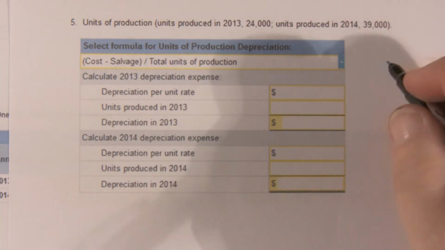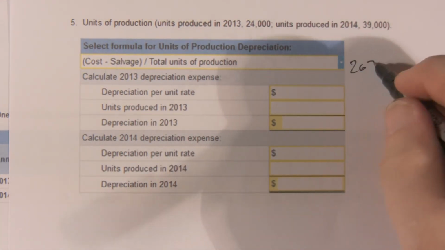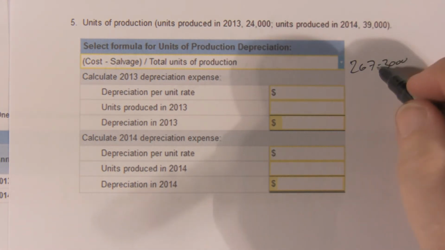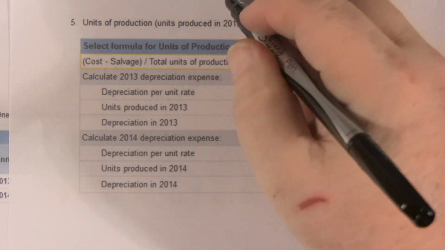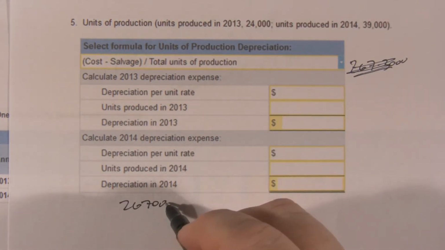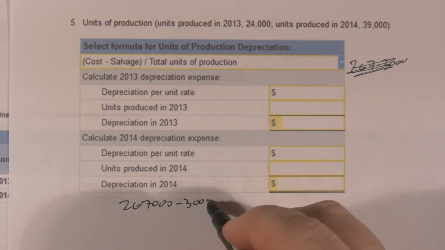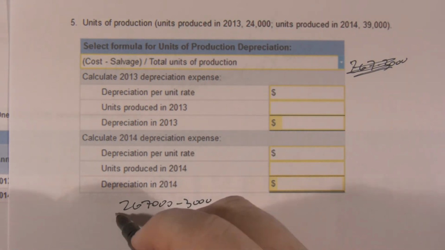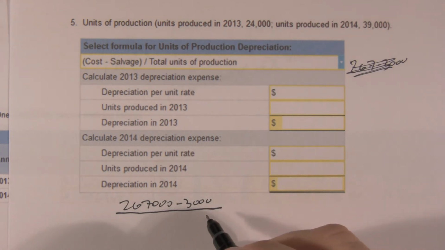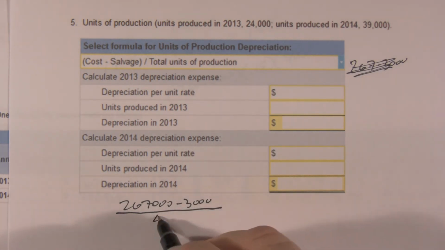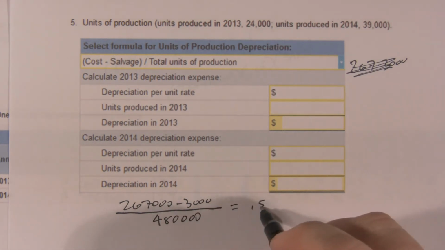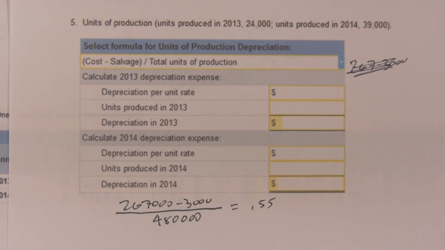Okay, we estimated 267,000 minus 3,000. And we estimated the production for this to be 480,000 units. And when we do that, we come up with 55 cents per unit.